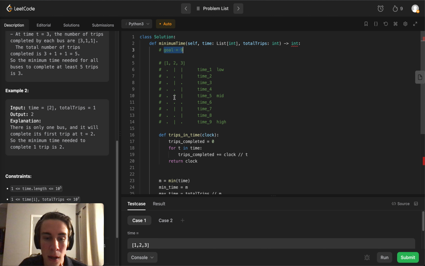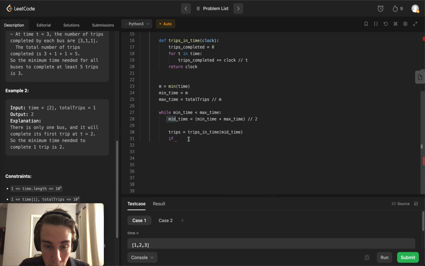In the case that we hit the required number of trips, it doesn't guarantee us that that is the minimum amount of time, because if this guy wasn't here, the smallest unit of measurement would no longer be 1, and we could be looking at a situation where mid, or the minimum amount of time, is actually 1 prior to that, but we just would never know that because we hit the required goal and we exited out of the loop.